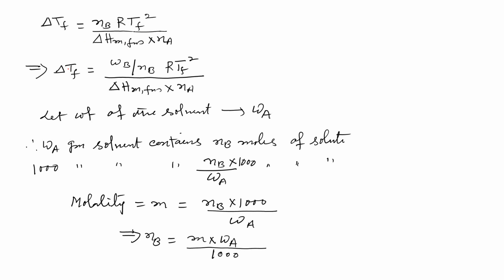Now in place of number of moles of the solute, we can write weight of the solute divided by molecular weight of the solute, MB. This is wrong. WB by MB. So number of moles of the solute we can write as weight of the solute by molecular weight of the solute.